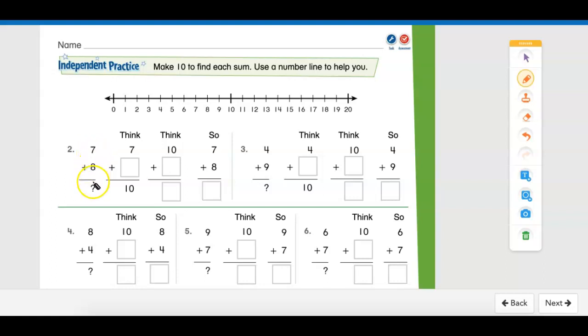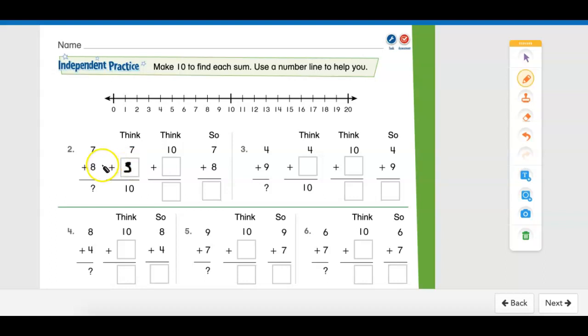So 7 plus 8 equals, well, we're not sure. So what two numbers can we use to break down 8? Well, one of the numbers has to be able to be added by 7 and give us 10. So 7 plus what number gives us 10? 7 plus 3 gives us 10.